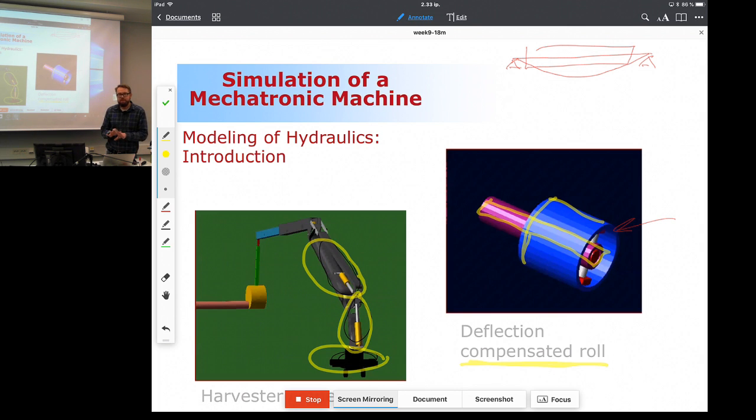Between these two components are hydraulic loading shoes that act like journal bearings, but a special kind of journal bearings that can introduce forces in order to compensate the deflection. They can also introduce different kinds of profiling, not just compensate the deflection. And this is what is used in a paper making machine.